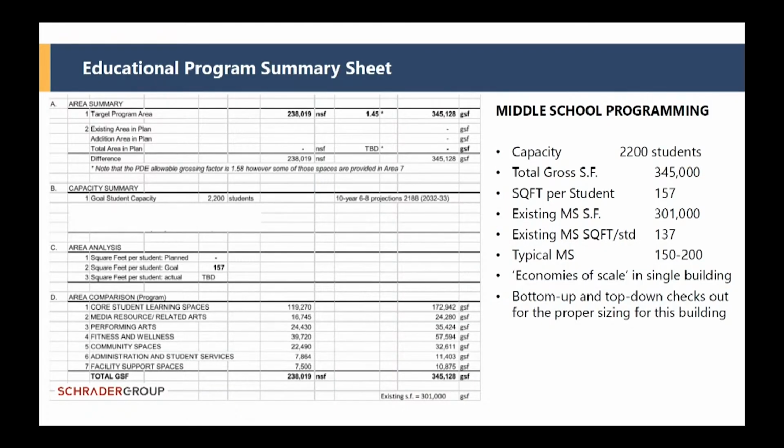And if I understood you correctly, that was partly because we are a bigger building. Right, you're definitely getting economies of scale. Okay. Size of the building that you're in. Yeah, so cafeteria, gym, all of that is distributed among a lot more students than, say, a 1,000 student middle school.